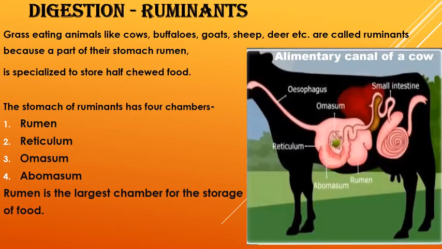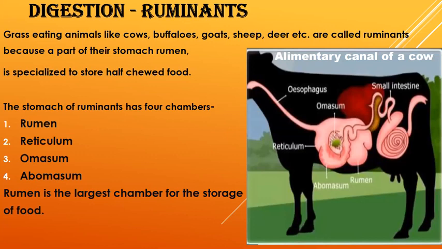Now here we will discuss digestion in ruminants. What are ruminants? Grass-eating animals like cows, buffaloes, goats, sheep, deer, etc. are called ruminants. Why are they called ruminants? Because a part of the stomach, the rumen, is specialized to store half-chewed food.